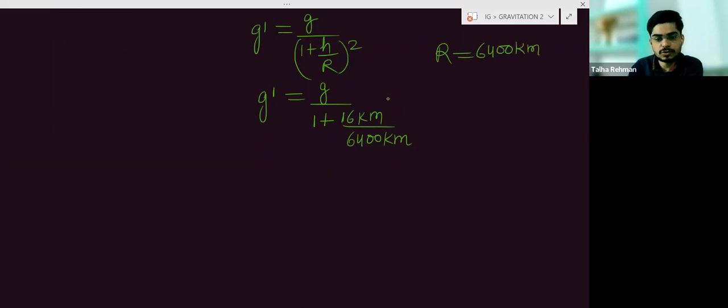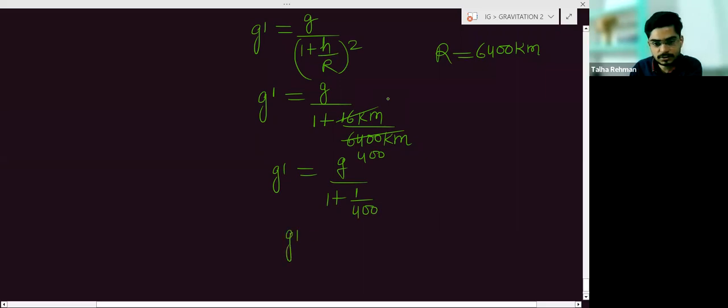So you will get g dash value as g divided by (1 plus 16 by 6400). You can cancel this, it will become 1 by 400. So the value of g dash you will get.